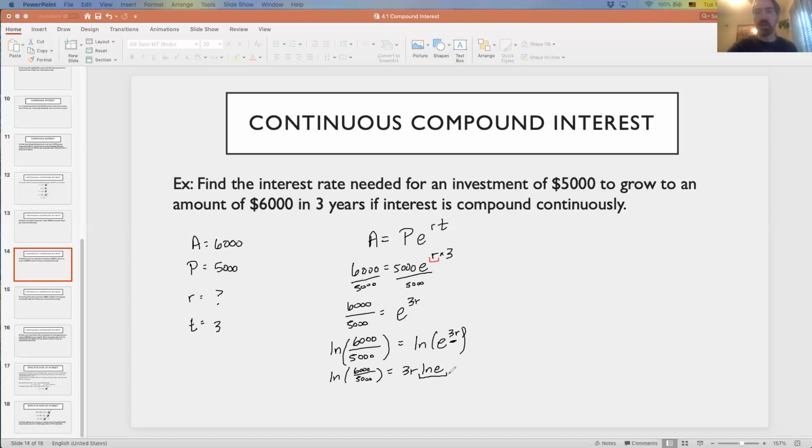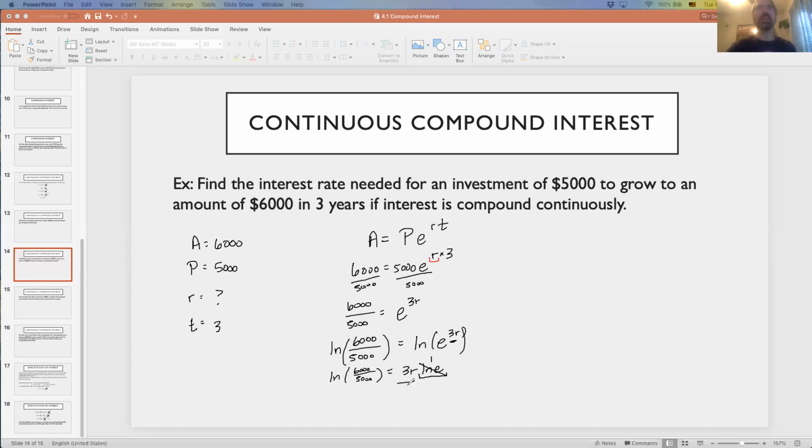The natural log of e is 1. So in this case, with the continuous compound interest, the natural log is easier because the natural log and the e just cancel out, and you're just left with the exponent 3r.